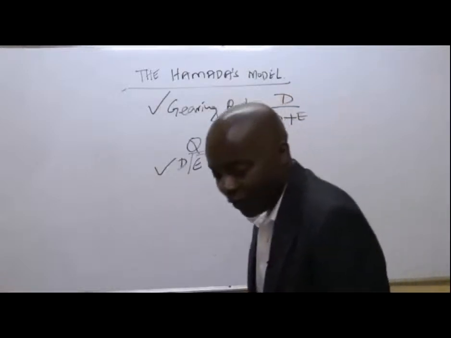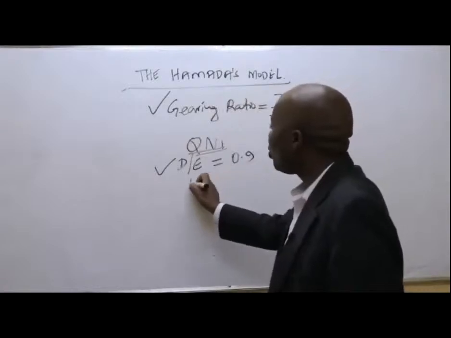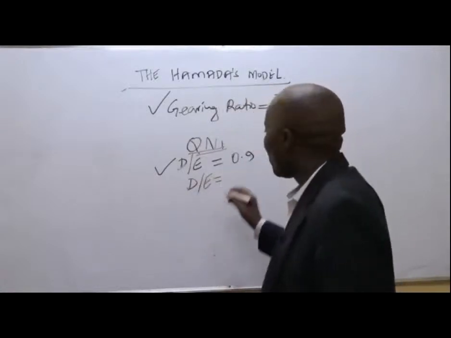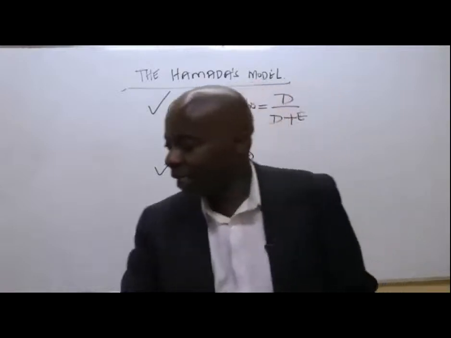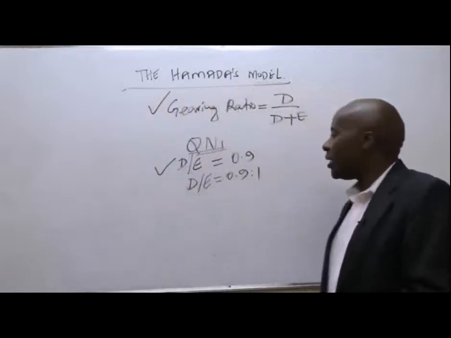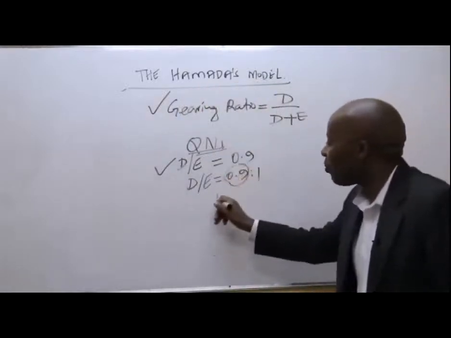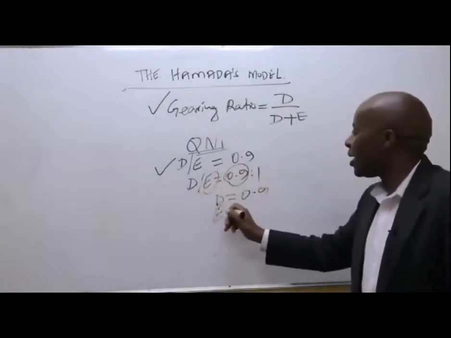When you are given debt to equity ratio as 0.9, what you need to do is to present this as follows. So debt to equity will be 0.9 is to 1. That's how you write it. 0.9 is to 1, meaning that the first component is debt. So debt is 0.9 and the E is 1.